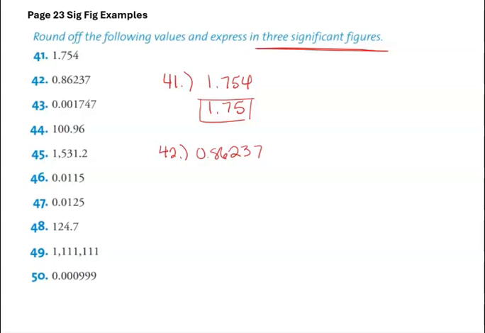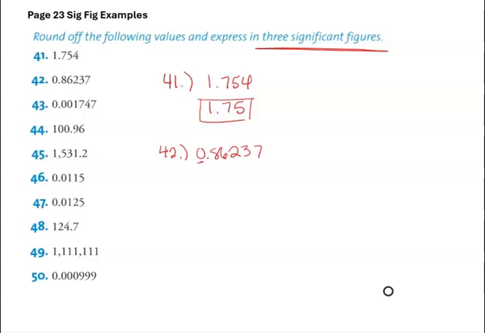Now let's look at our next problem. Problem 42. We've got 0.86237. Again, we're trying to get it down to three significant figures. So again, all our non-zero numbers are going to be significant. But this 0 before our decimal point is going to be non-significant.